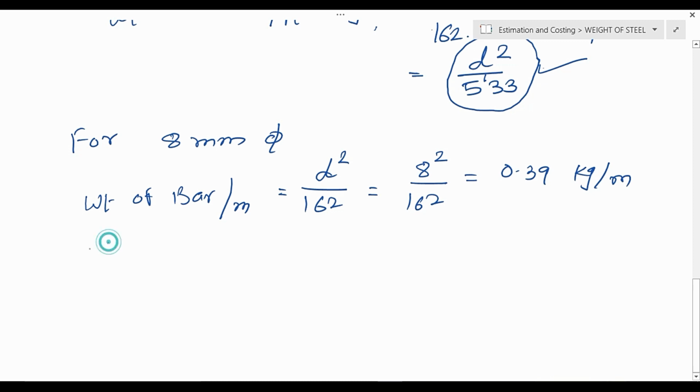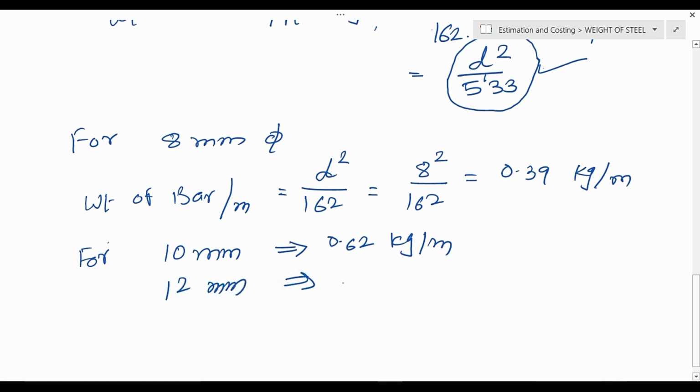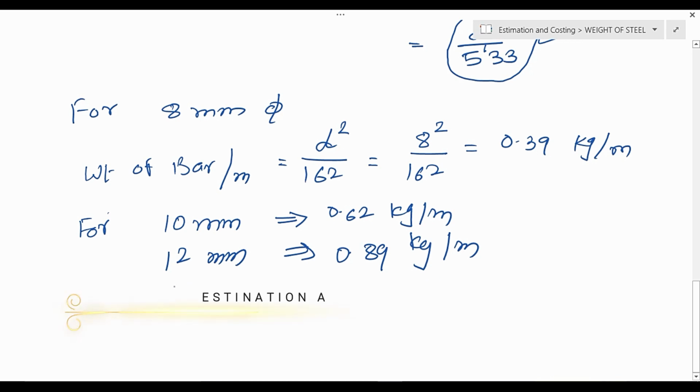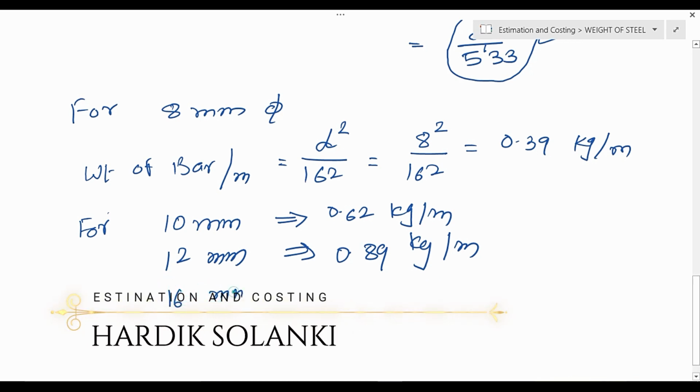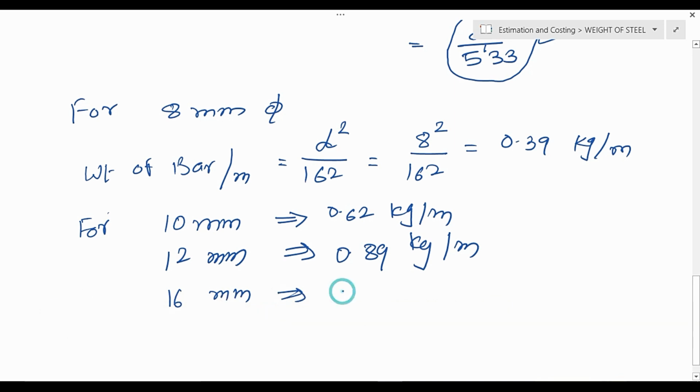Similarly for 10 mm, we use the same formula and the weight is 0.62 kg per meter. For 12 mm the value becomes 0.89 kg per meter. Moving forward, for a 16 mm bar the value will be 1.58 kg per meter.